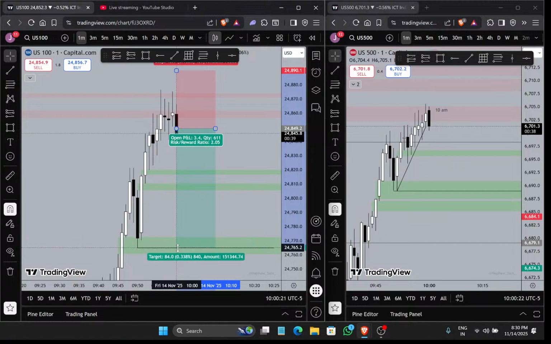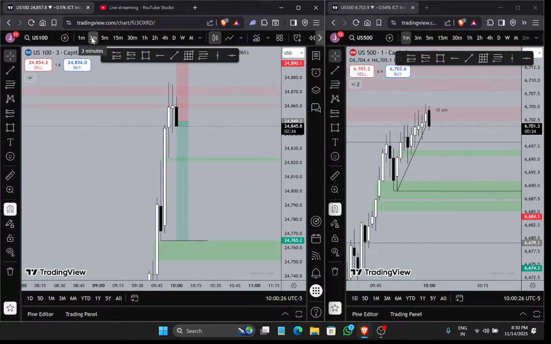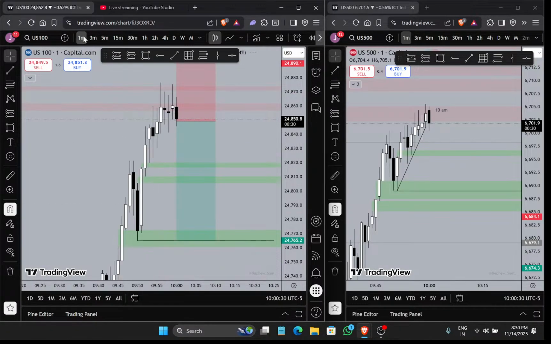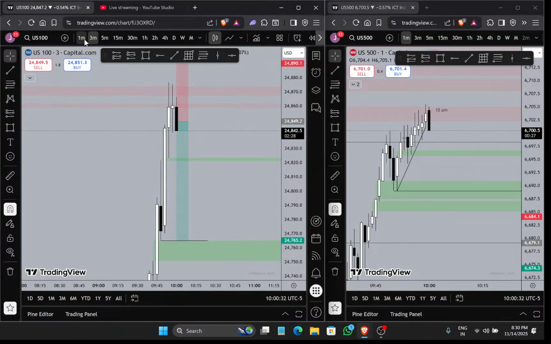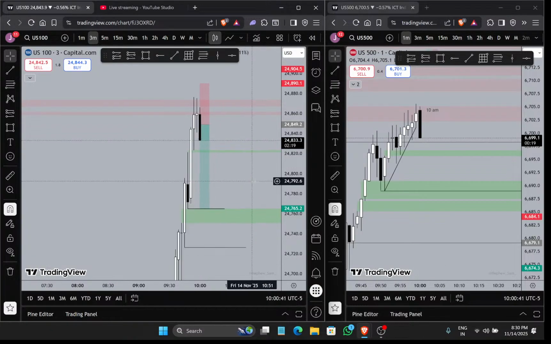We can look for this 5 minute pullback, but to get that one, what we need is this 3-minute inversion. A 3 minute is enough for us. Maybe we can get that. Yeah, the 10 AM high got formed now.